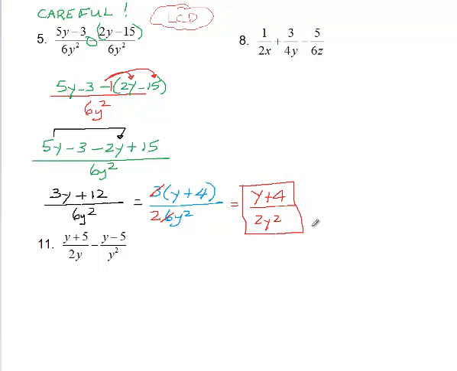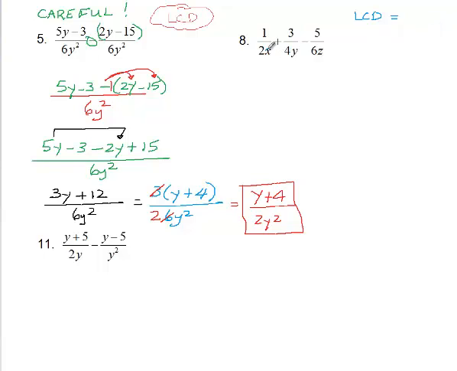Alright, let's tackle number 8 now. In number 8, you can see that there are 3 denominators, 3 separate fractions, and again, your objective is to make the denominators the same. Now if we did it purely by fraction, you would look for an LCD here of what? What's your lowest common denominator?